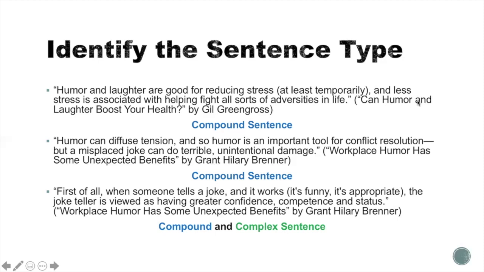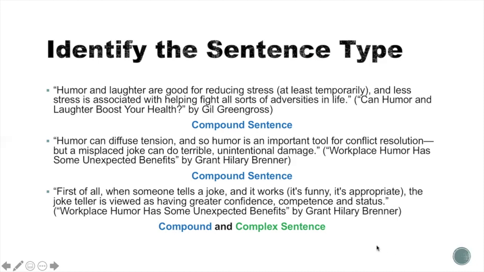Instead of using the word and, could we use a word like when or after or while? That could help us in creating a new sentence structure. With this lengthier sentence for the third sentence, maybe we want to separate it into a couple of separate sentences. Maybe we want to create a compound sentence and then a simple sentence.